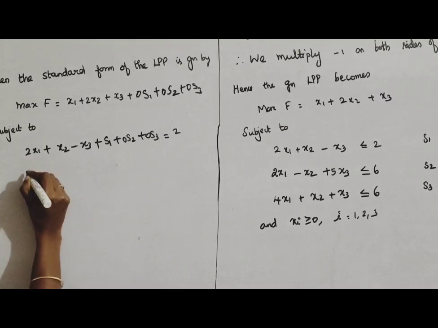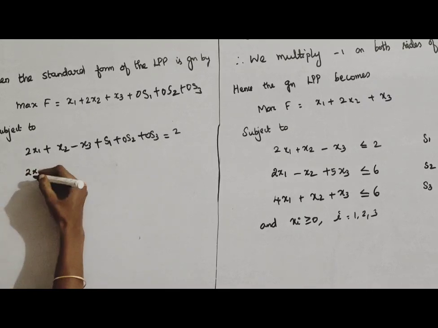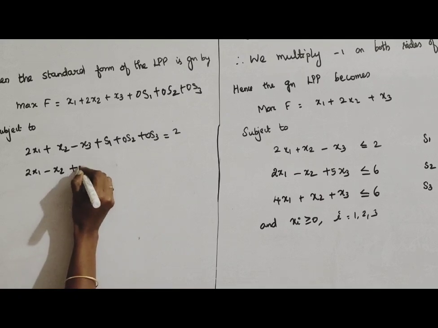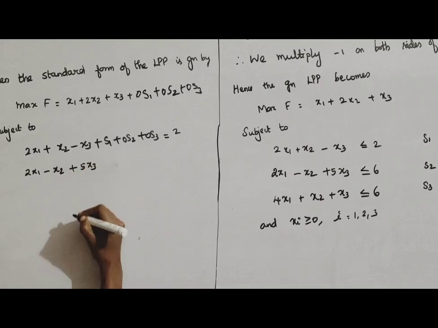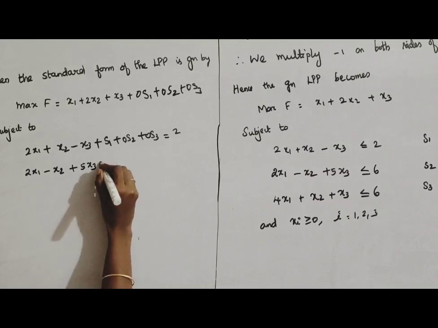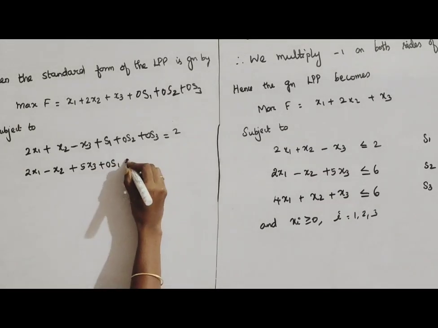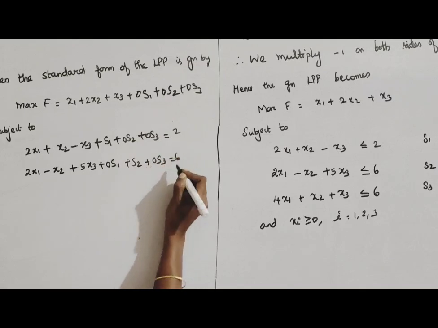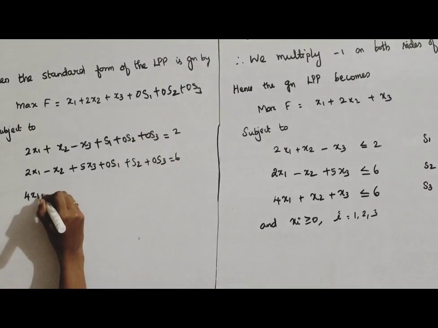Second constraint, here we introduce S2. Therefore, the coefficient for the slack variable S2 is 1 and for the remaining slack variables S1 and S3 it is 0. Therefore, 0S1 plus S2 plus 0S3 is equal to 6. Then we introduce the slack variable S3.